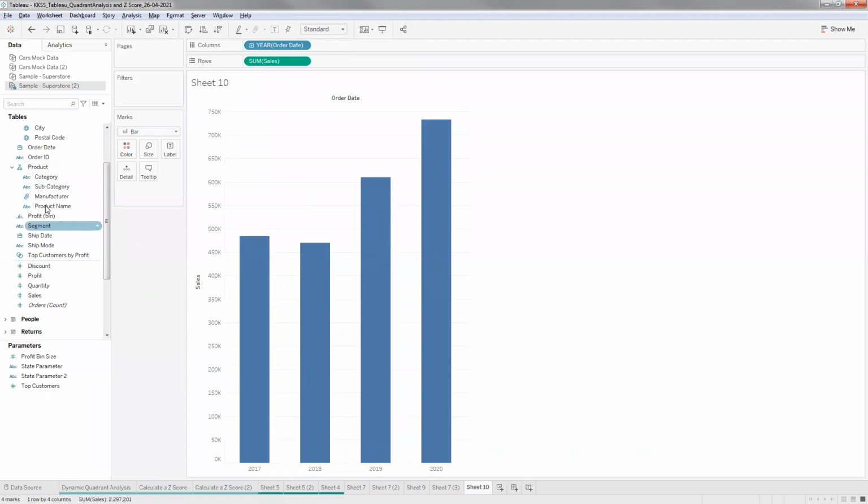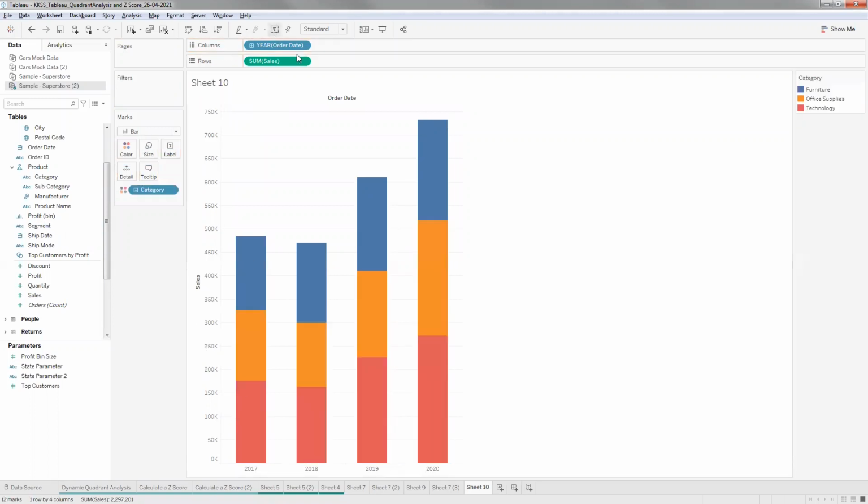Let's say I want to see the split of the same sales across categories in each of the years. I'll take my category and put it in color, so now in each year each color represents a category and how the sales are in each of those. This kind of representation conveys the absolute as well as relative differences.